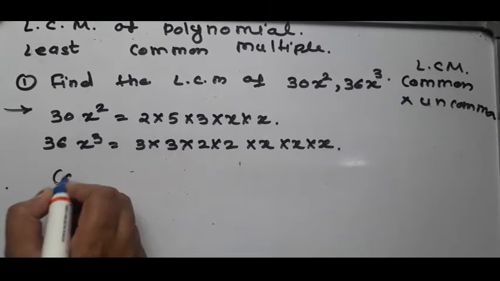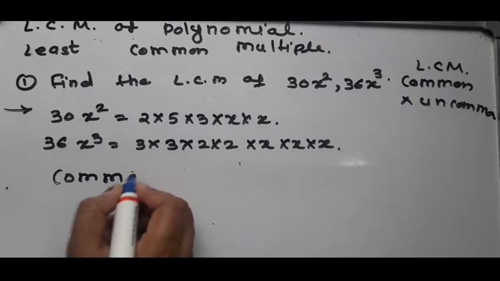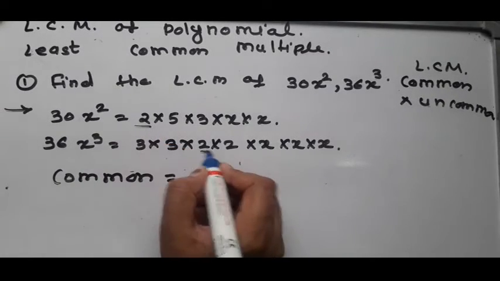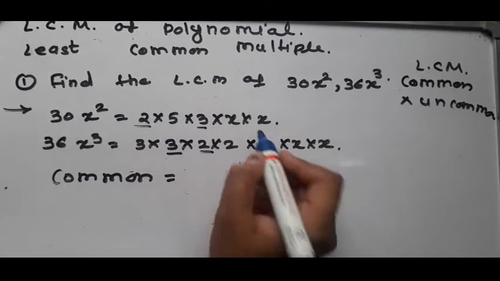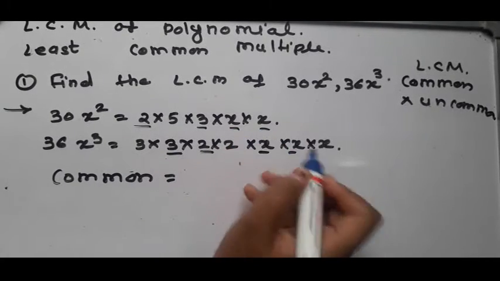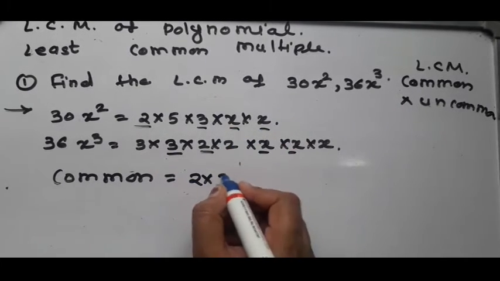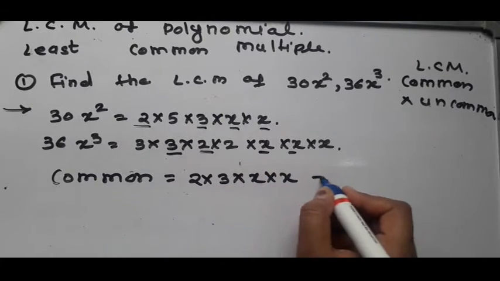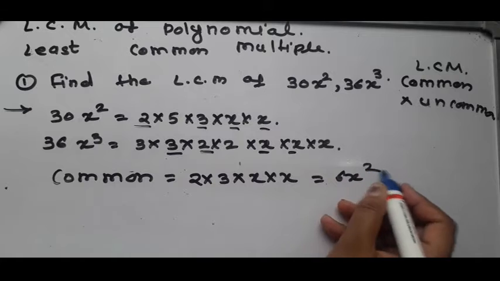Now we will write the common terms. Common terms are 2 is common, 1 3 is common, and x. Means 2 into 3 into x into x, that is common is 6x square.